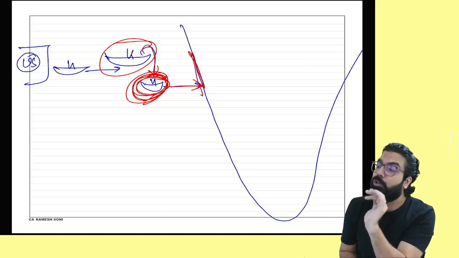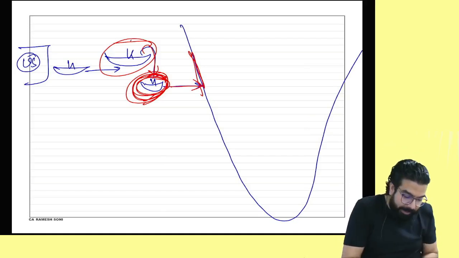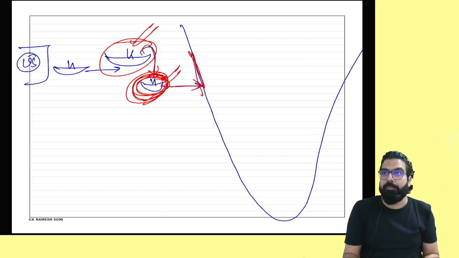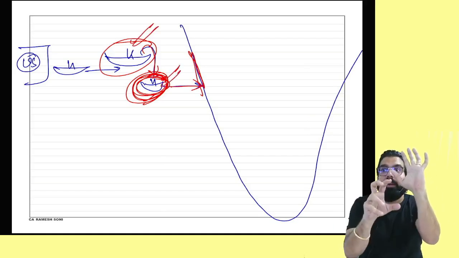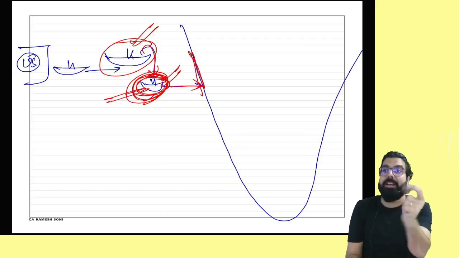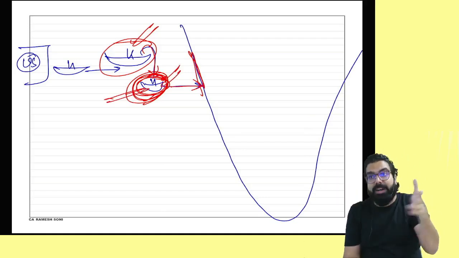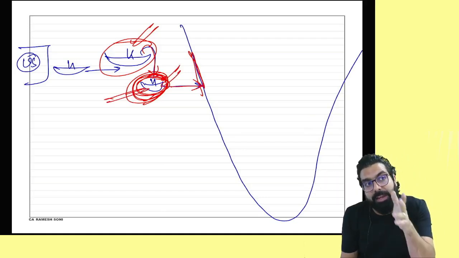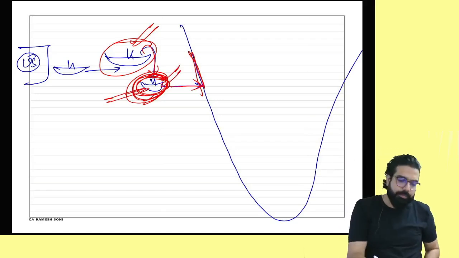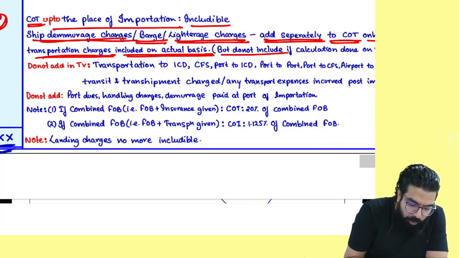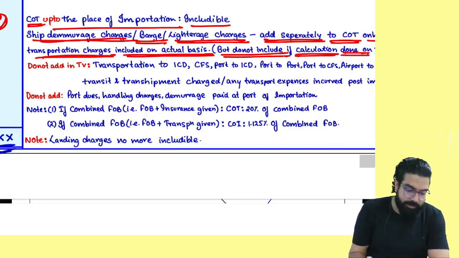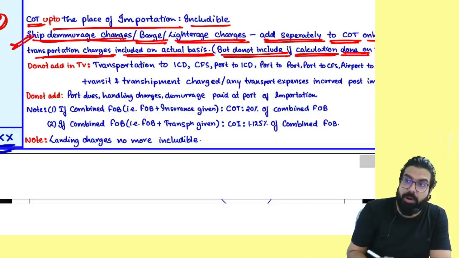Is my point clear to all? So if you are taking actual, then add this actual. But if you are taking 20%, then don't add this again. Why? Because every transportation cost is already deemed to be included. Do not include if the calculation is done on a 20% basis. Sir, did you understand this point, everyone?